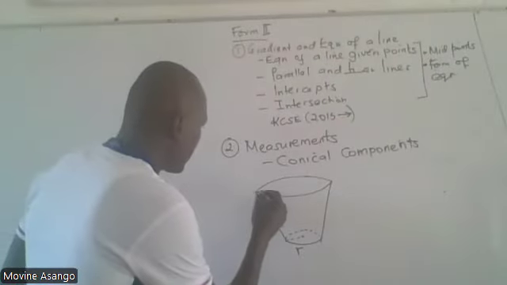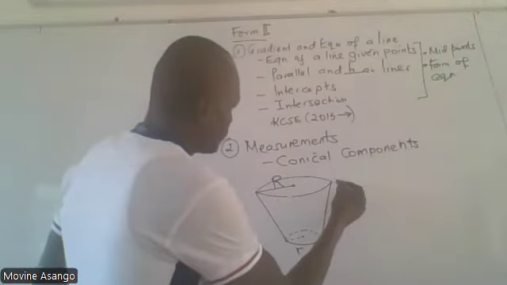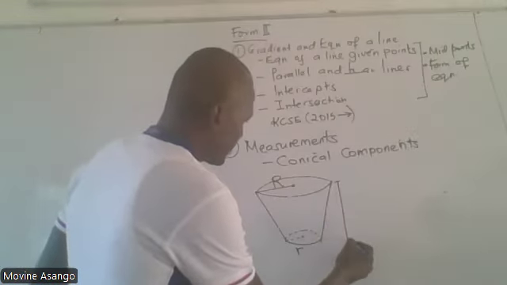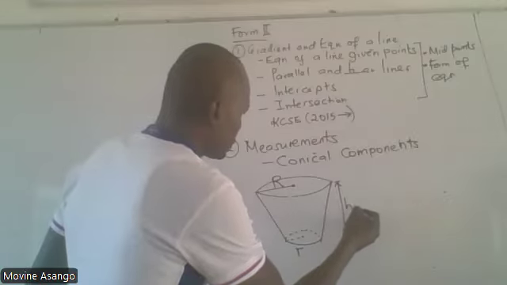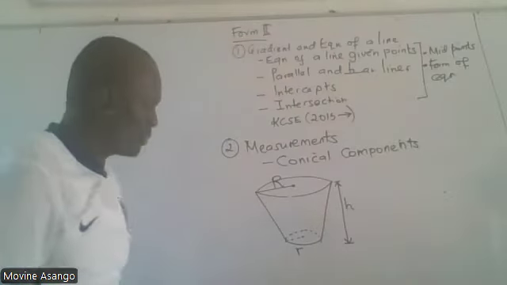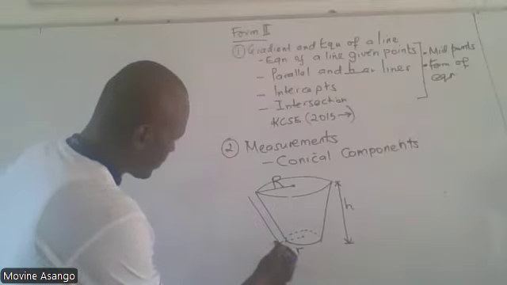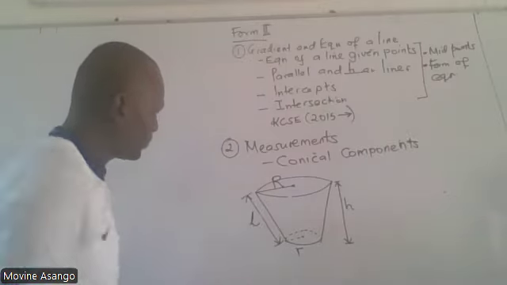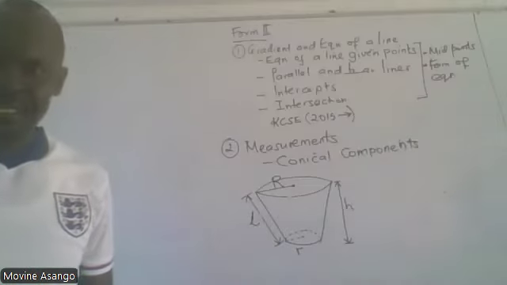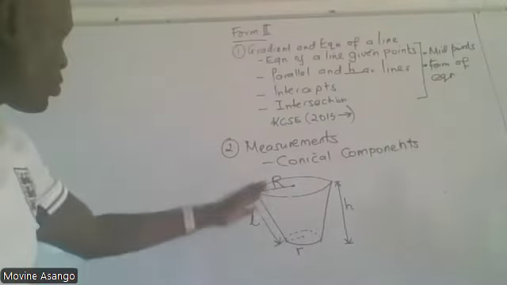The radius up here is capital R. The vertical height of this frustum is H. The slanting height of this frustum is L. Let us draw that. I'm giving you 1 minute to do that drawing. Just draw it.